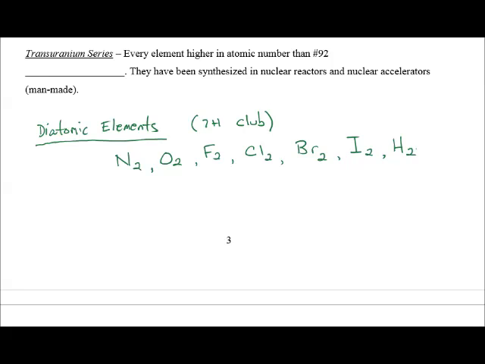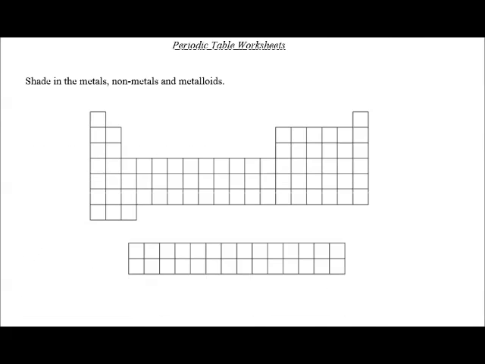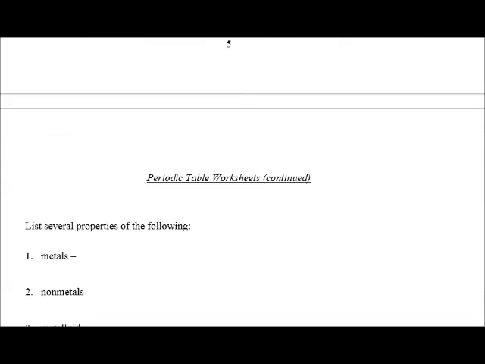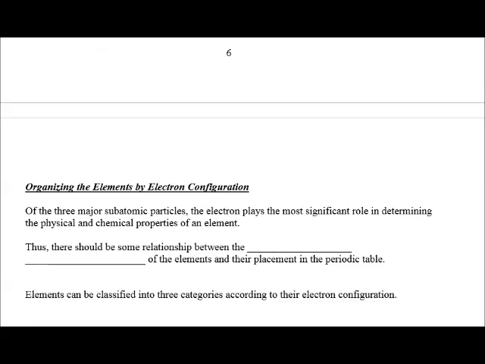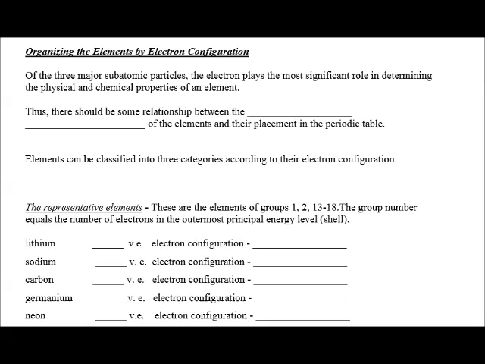So we'll look more at how these form when we get to bonding, but for now you have to be able to identify the 7H club. If we scroll ahead in the notes, past the worksheets, to organizing the elements by electron configuration.